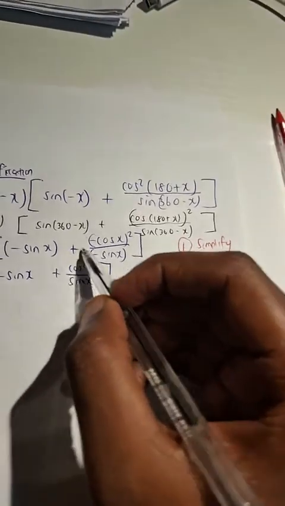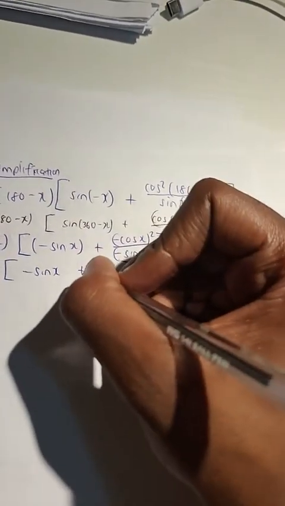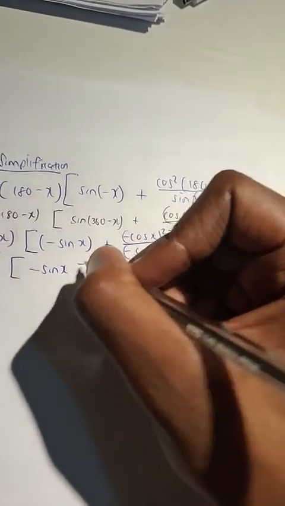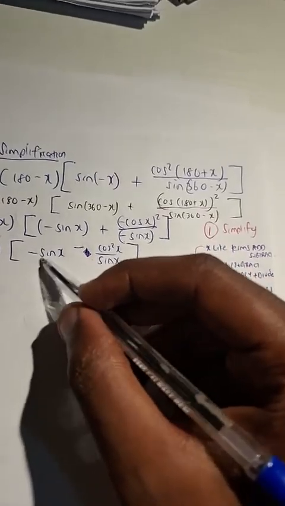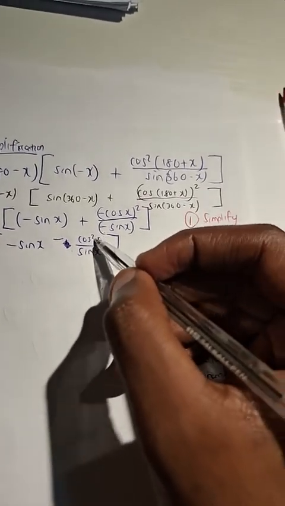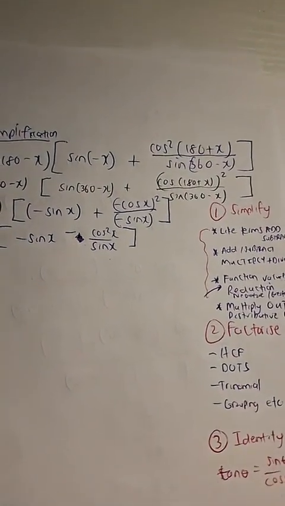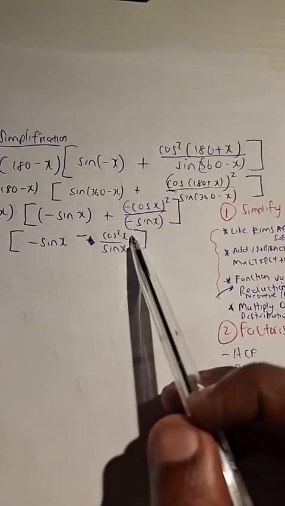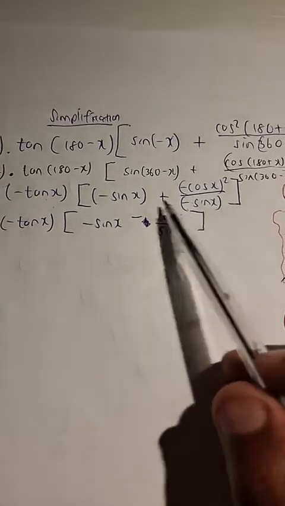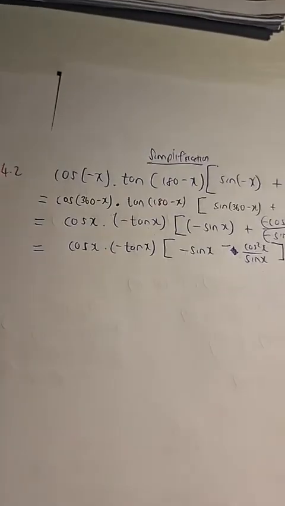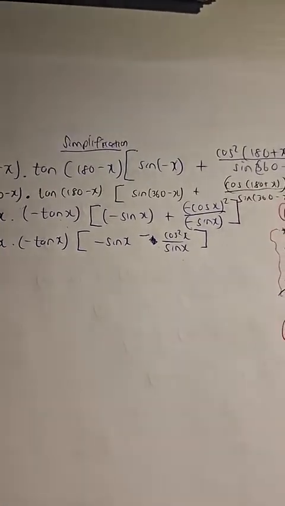This positive and this negative gives me a negative in between. So I have negative sine x minus cos squared x over sine x. Inside the bracket, I have a subtraction of fractions, and this is what I'm going to focus on, because the maths tells me that.